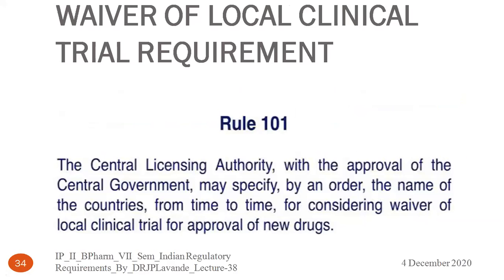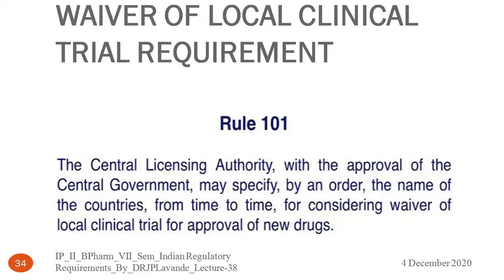So what Rule 101 says is that the central licensing authority, with the approval of the central government, may specify by an order the names of the countries from time to time for considering waiver of local clinical trial for approval of new drugs. So Rule 101 will contain the list of countries.